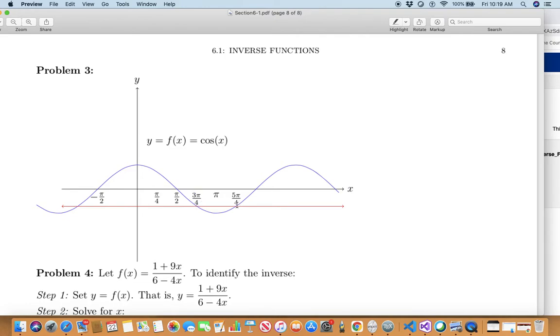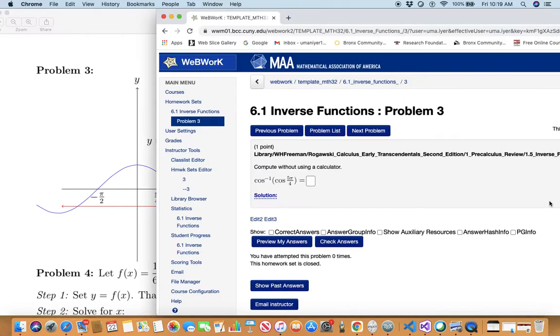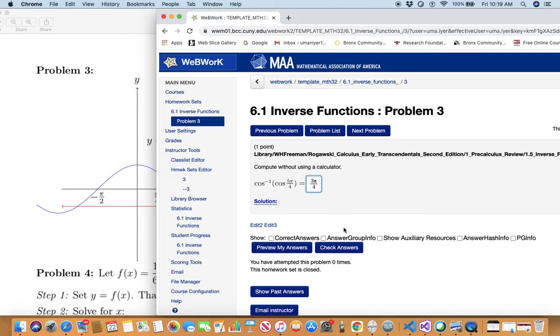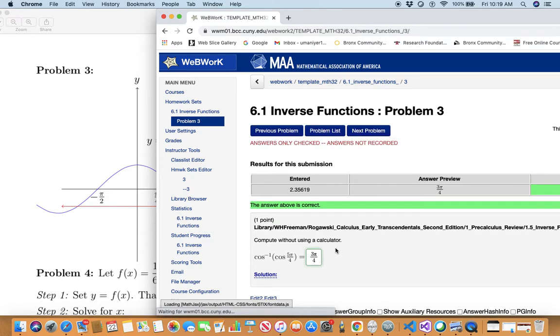So if I go inverse for cosine of 5 pi by 4, I hit here, so that's 3 pi by 4. 3 pi over 4. Next.